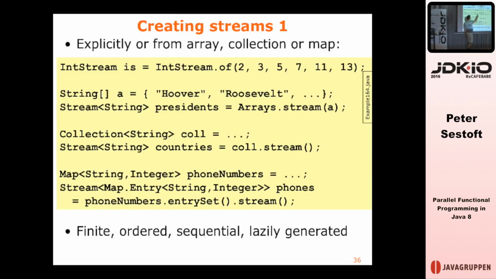So we can create a stream from an enumeration of the elements. We can take an array and turn it into a stream. We can take a collection and turn it into a stream. And we can take a map, for instance, and turn it into a stream of map entries, the key and the value. Using these things, one can do a lot of stream-based stuff on the standard classes, arrays, collections, maps, and so on in Java.